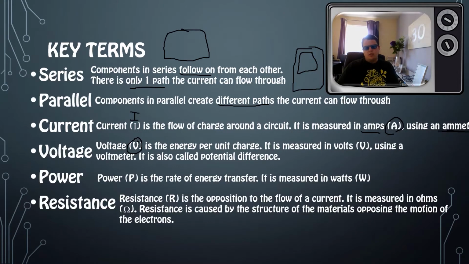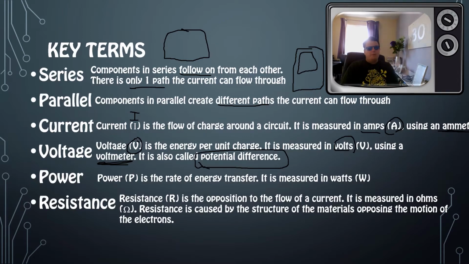We measure voltage in volts, and we do it using a voltmeter. You might see in some books, more correctly, they call this potential difference, or PD. WJEC allows you to use either voltage or potential difference, so that's just there for completeness.